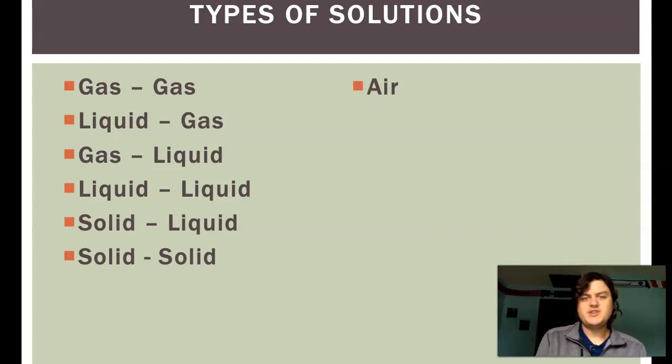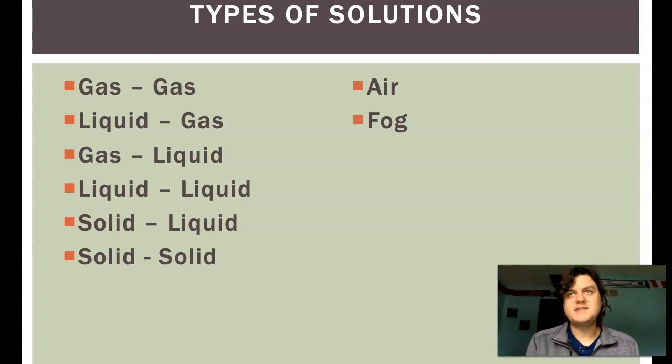So it is one phase, fairly uniform in its composition, and that is an example of a gas-gas solution. For a liquid-gas solution, fog is an example, where the liquid is distributed across the gas, in this case the air.